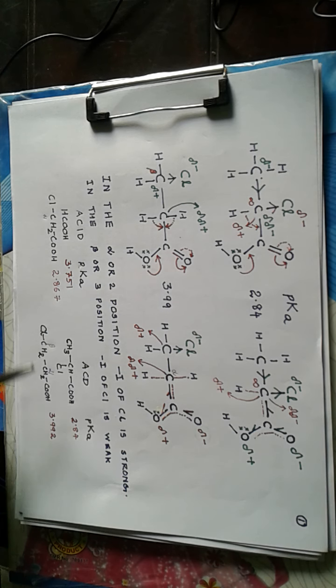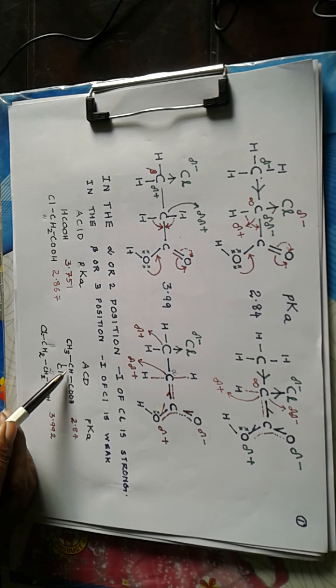So there is a very small difference here, and that may be attributed to the position of chlorine, and again the position of chlorine is alpha here, then which is the deciding factor between these two compounds. It is the hyperconjugation involving these two hydrogen atoms. There is only one hydrogen here, and these two hydrogen atoms with their CH bonds donate electron density to the carbonyl oxygen.